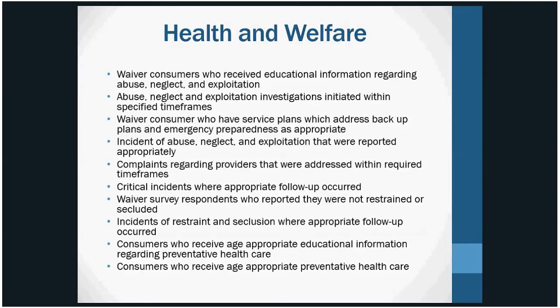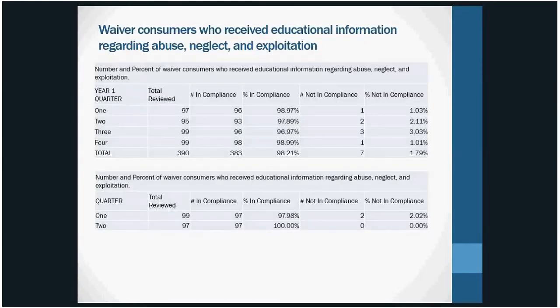Okay, again, as long as there's no questions on the service plan, I'll go right into the health and welfare section. For waiver consumers who received educational information regarding abuse, neglect, and exploitation, we had 100% compliance in Q2.